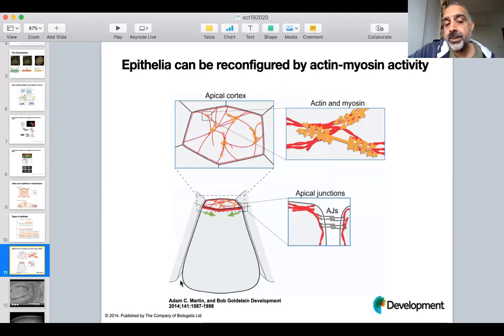And so once you're able to do that, you can see that an epithelial sheet can start exploring lots of different types of shapes. And so you can go from a flat sheet to a tube, for example, if you can control the way that the actin is contracted, you can go either to a ball as well, to a sphere, and you can start forming ducts and tubes, all with epithelia. Okay.